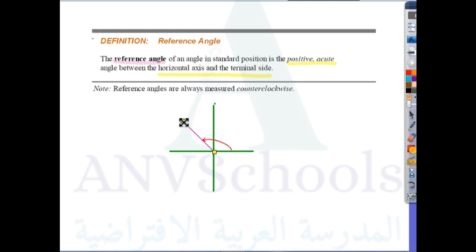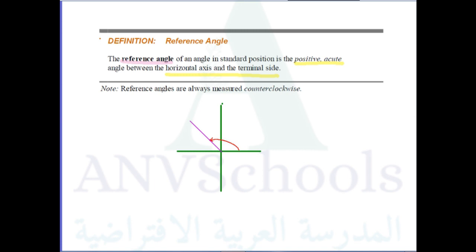What if this angle measure here is, let's say, 133 degrees? So let's say theta is equal to 133 degrees, because this is greater than 90.